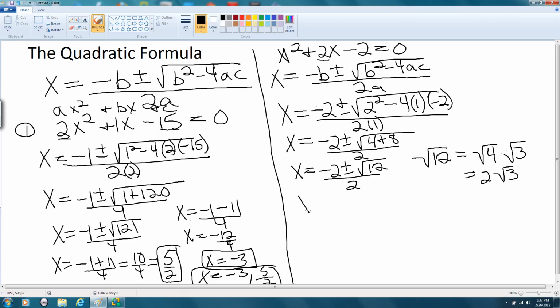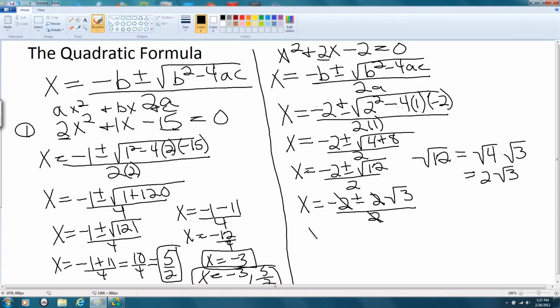So we have x is equal to negative 2 plus or minus 2 square root of 3 all over 2. We have a 2 common up here and 2 here, so we can cancel.